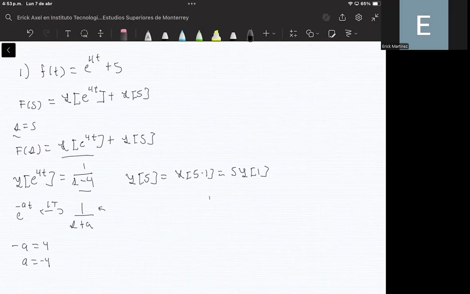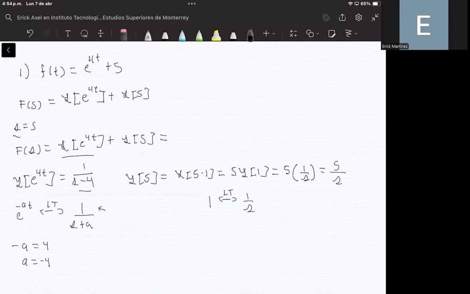When you have a constant equal to 1, the Laplace transform of this is 1 over s. So we can say that the Laplace transform is basically 5 times 1 over s, which is equal to 5 over s. Okay? So now we know all the results.